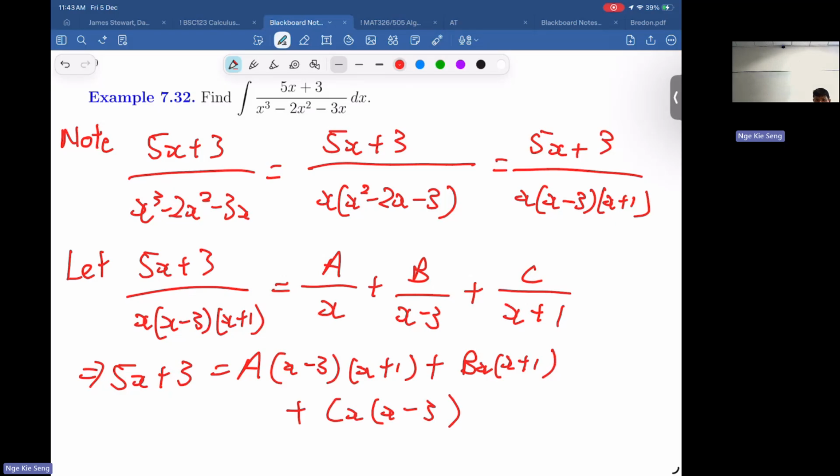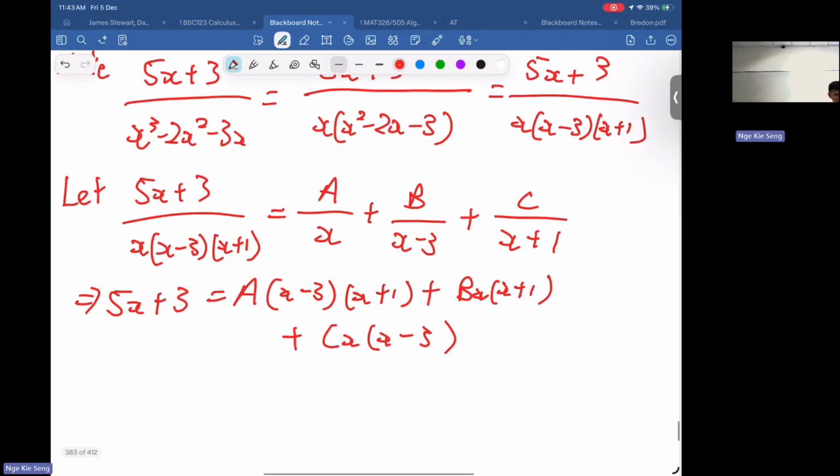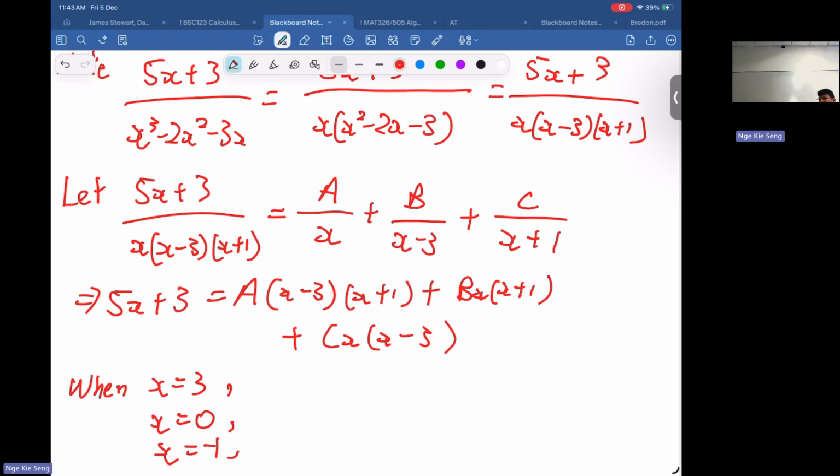Luckily, this question is still easier because if you substitute the 3 roots inside, you can easily compute it. If you try some textbook examples, maybe you cannot just use the root to get the answer, then you need to involve some linear algebra.